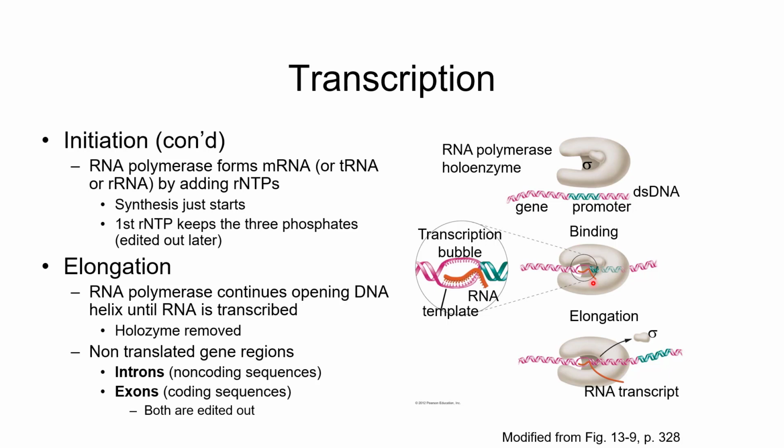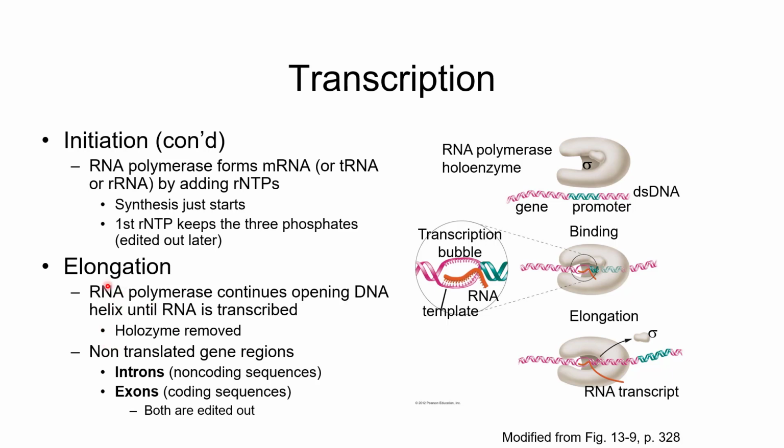Oftentimes what we get is failed transcription, in which the transcription tries to start laying down a few RNTPs, but then it becomes dislodged and we get what we call abortive transcription, at which time the sigma subunit needs to reattach, reclamp down, and create the transcription bubble again. But once we get about 8 to 10 RNTPs down, this is pretty stable, and elongation is going to be completed until we get to the terminator sequence.